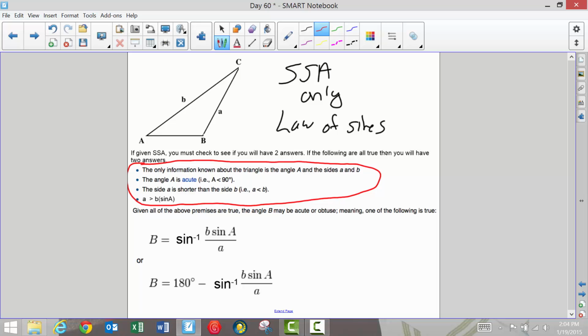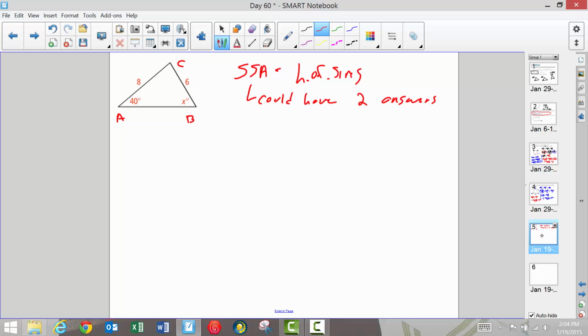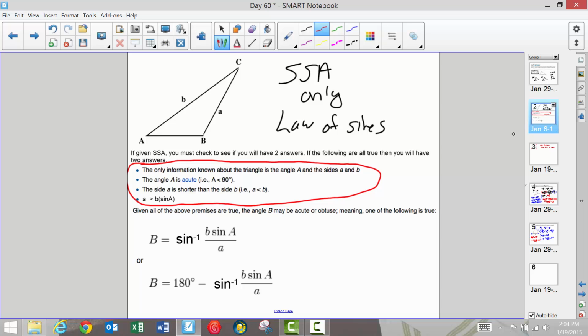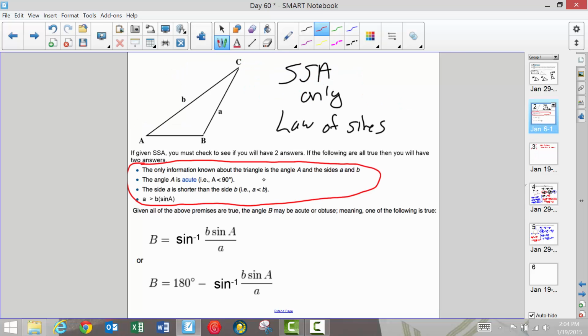That is true in this case. I know angle A, I know sides a and b. So here's angle A, and side b. So that is true. Now I need to know if angle A is acute.